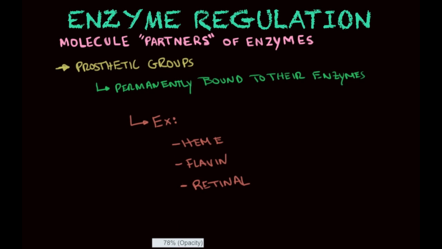Now, the last group is prosthetic groups, which are usually permanently bound to their enzymes, and examples of that are the heme group. If you remember well, this is the group that is attached to the oxygen-carrying protein in your blood, the hemoglobin, hence the name heme, and of course flavin and retinol.